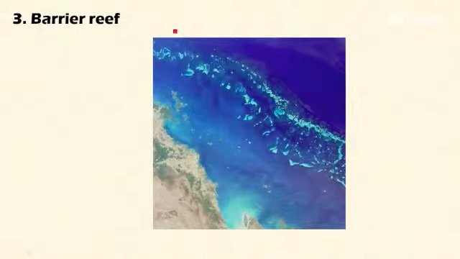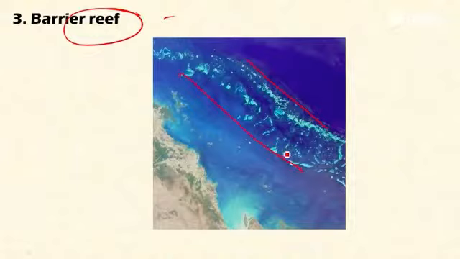And third is the barrier reef, which is an important group of reefs. These barrier reefs are linear offshore reef structures that run parallel to the coastline. The area between the coastline and the barrier reef is occupied by water.